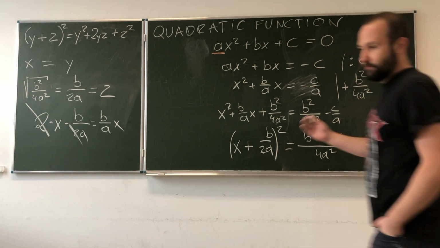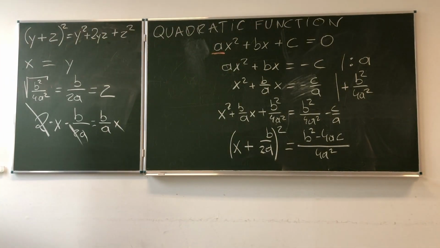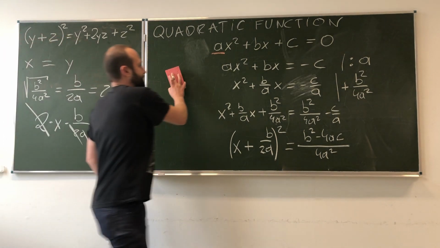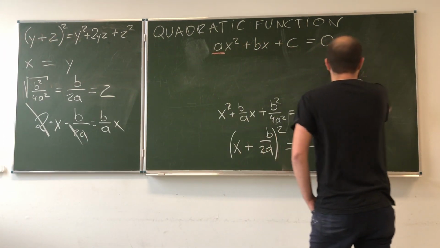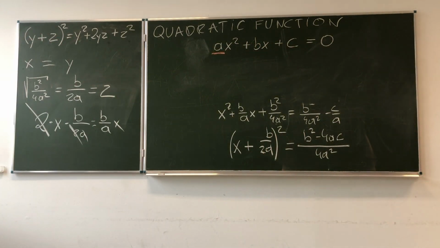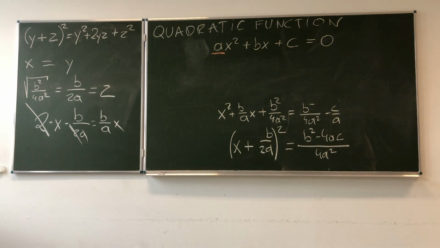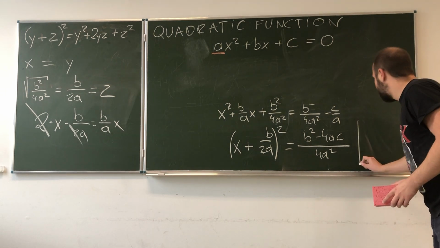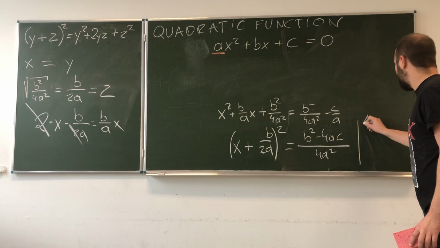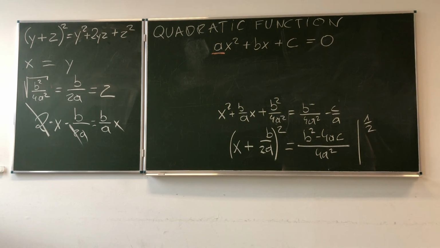Okay, so what should we do next? Well, now this expression is in squared. So if we want to solve it for x, probably we need to take both hand sides of this equation to the power of 1 over 2. Well, or simply, we just need to take square root out of both sides of this equation.